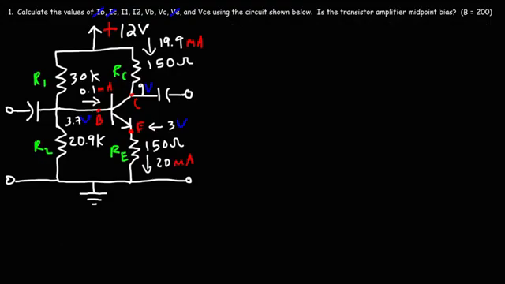So now that we have VB and VC, what's next? The next thing we need to do is calculate I1 and I2. It's better to calculate I2 first before you calculate I1. Well, in actuality, you can do it in any way, so it really doesn't matter. I'm going to calculate I2 first. I2 is going to be the voltage across it, which is 3.7 with respect to ground. Ground is going to be 0 volts. So the voltage across R2 is the potential at B divided by R2.